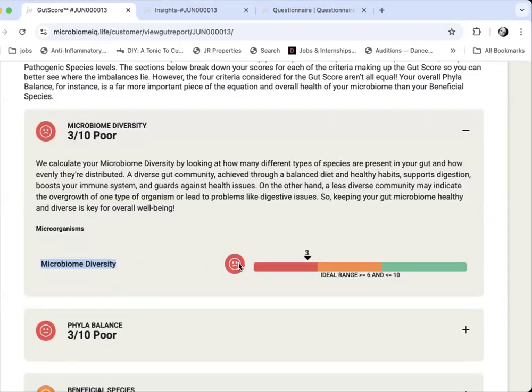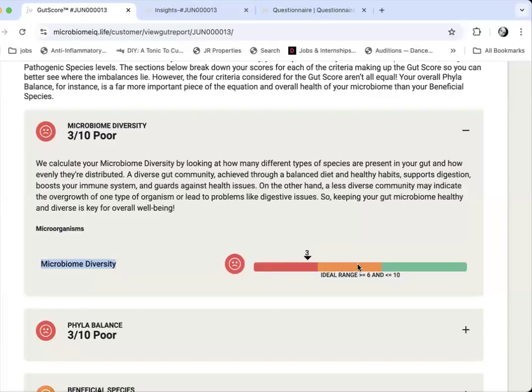This is shown by the arrow with the number on it pointing to the red section, which indicates the customer's sample came in at a range that is defined as less than ideal. It's not good, we need improvement. So this little arrow points to where the customer's level was calculated based on their sample.